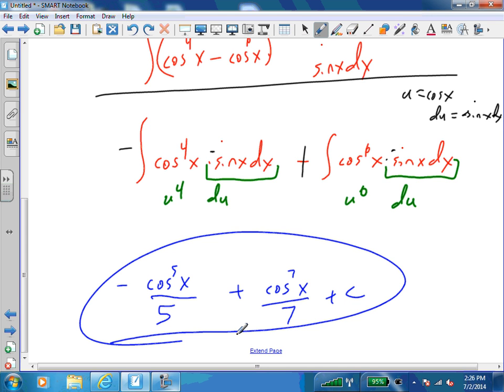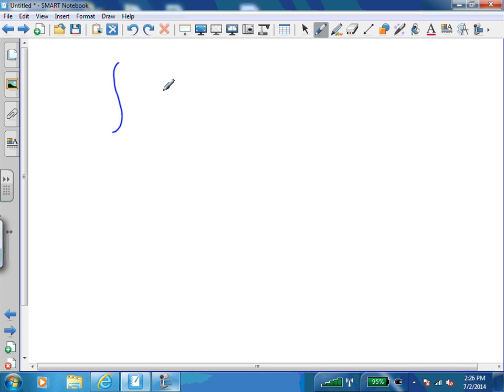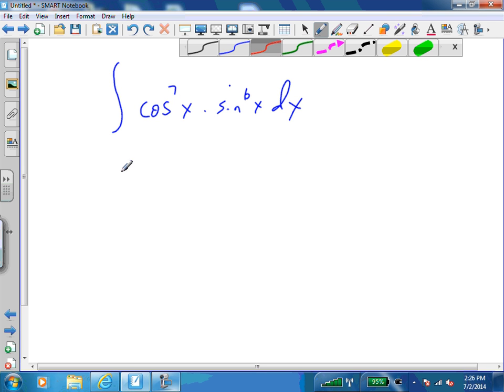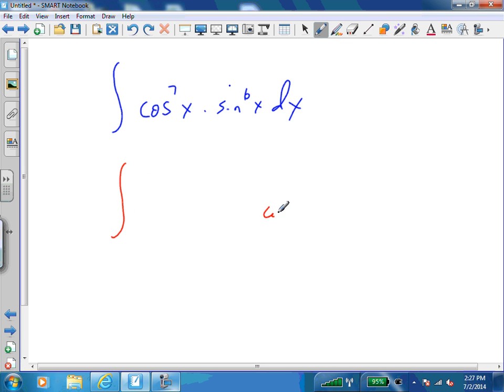Let's do the same thing where we have an odd number of cosines. Let's say we have cosine to the seventh x, sine to the sixth x dx. Let's pull out one of those cosines and let's put it beside the dx. And then that will leave us cosine to the sixth.